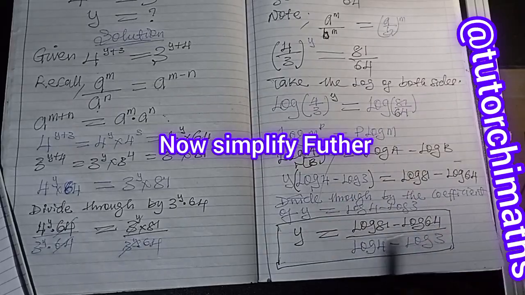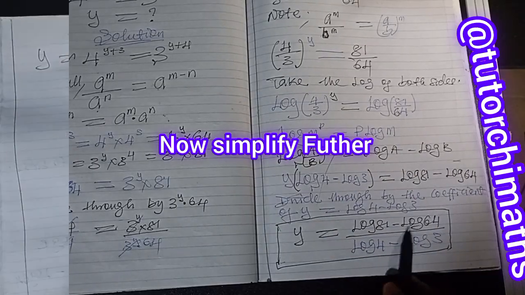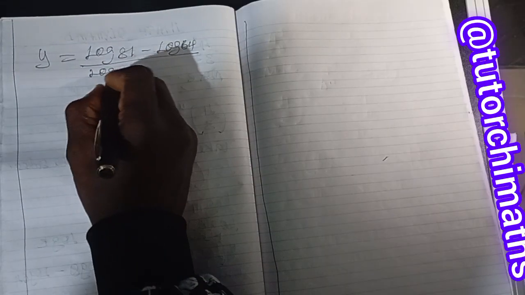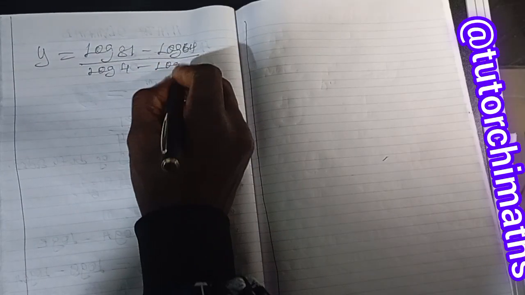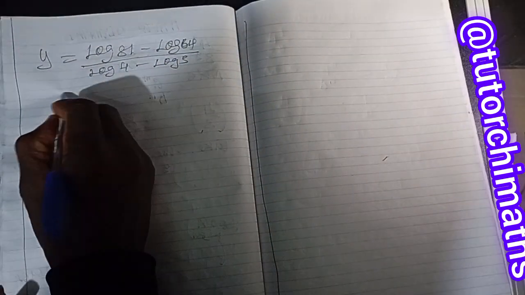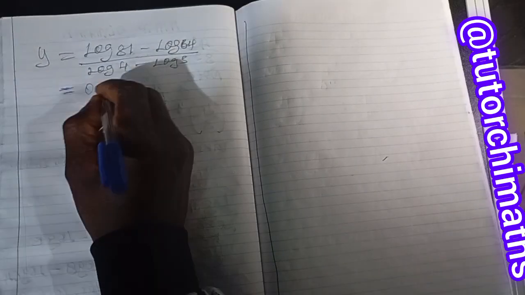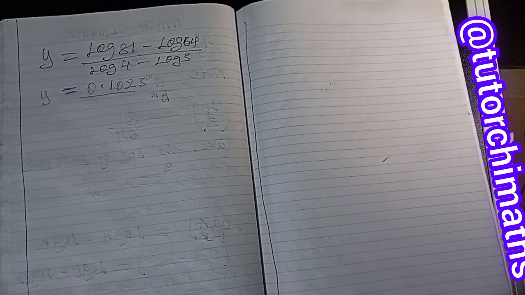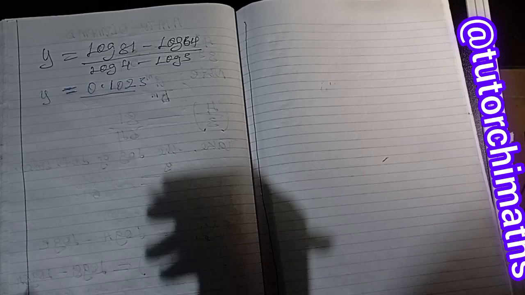So let's further express it. Let's further find the value of log 81 minus log 64 divided by log 4 minus log 3. This is same as 0.1023 divided by, remember this is y, log 4 minus log 3, 0.1249.